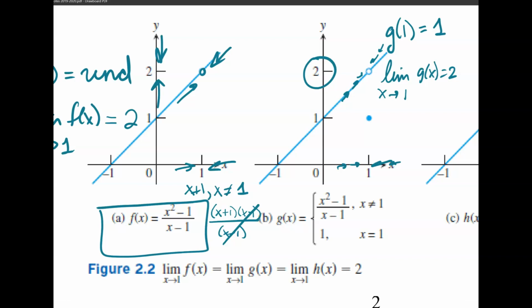As we choose x values that are closer to 1, my y values get closer to 2. But the value of the function at 1 is not 2.